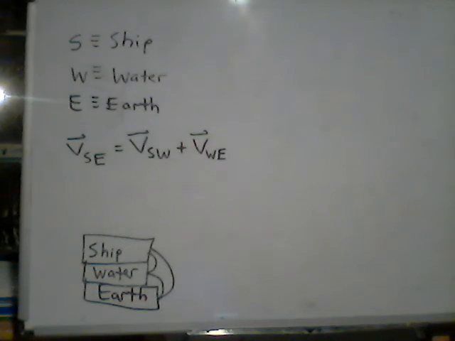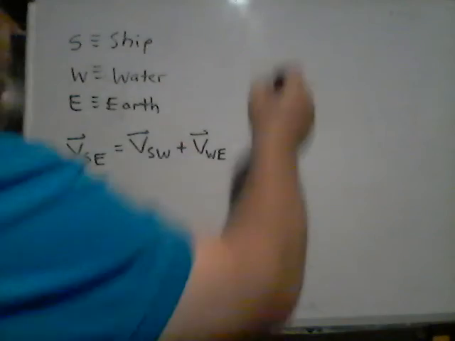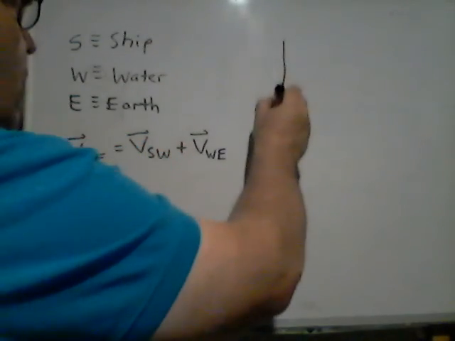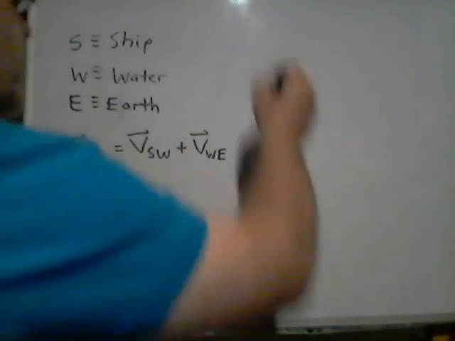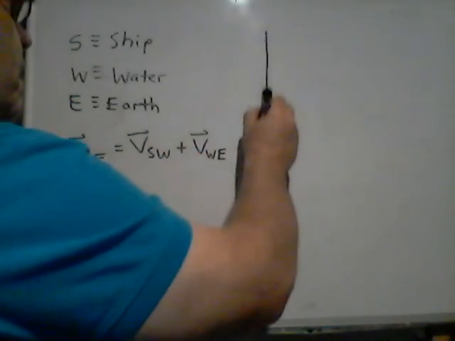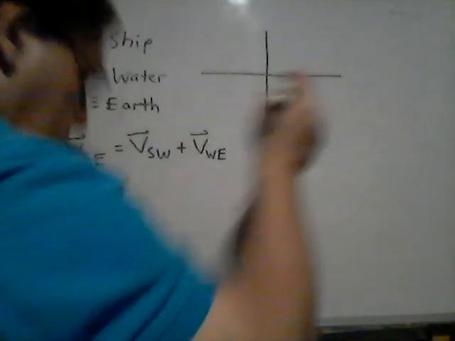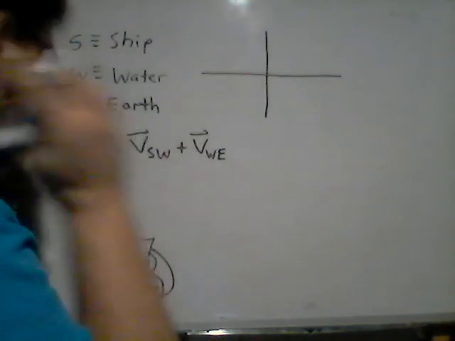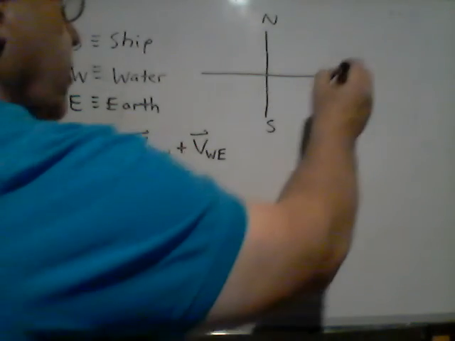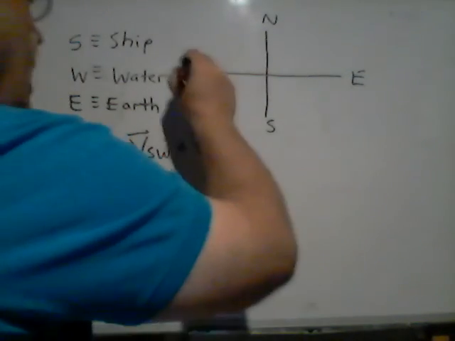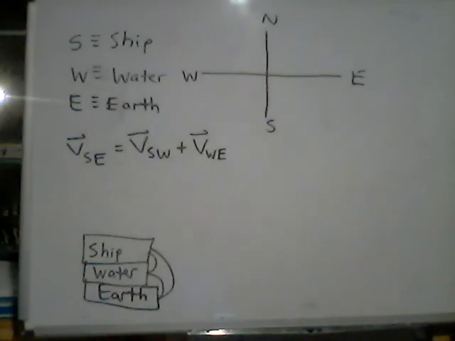And what are we told? Let's draw the graphs of what we're given. Even though we're told north, south, east, and west, I like to translate that into an XY coordinate system for the moment, and then we can always convert it back later.